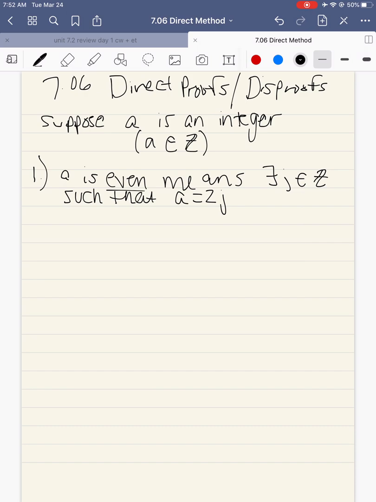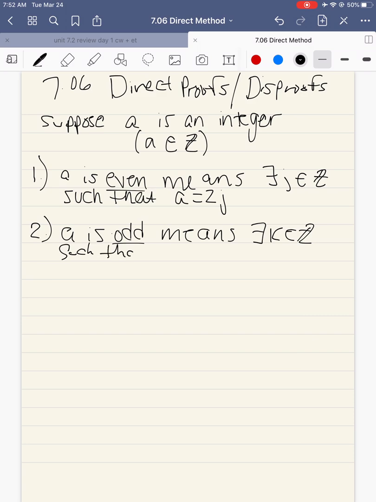On the other side, however, if a is odd, this means, again, that there exists some, let's just put k, since we're not double dipping with j here. There exists a k that's an integer, again that quantifier, such that a equals 2k plus 1.